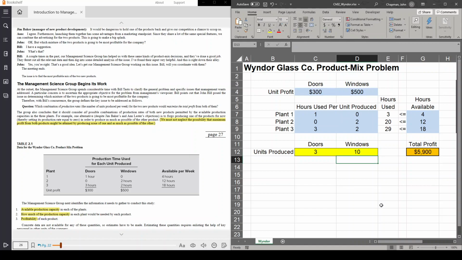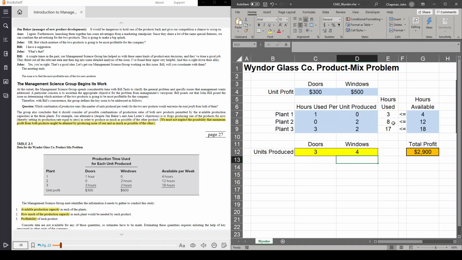Let's pull it back down to 10, and we're still over, right? So we can pull it back down to 8 windows, 7 windows. Let's just go 5. Okay, 5 gets us plant 2 constraint. We're only using 10 hours in plant 2 with a maximum of 12. That fits that constraint. But it goes over in plant 3, so we can't even do 5 windows with 3 doors.